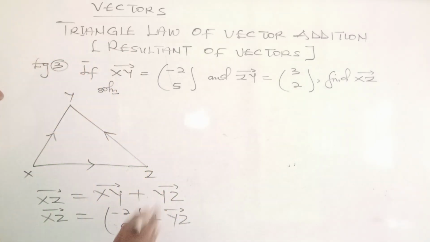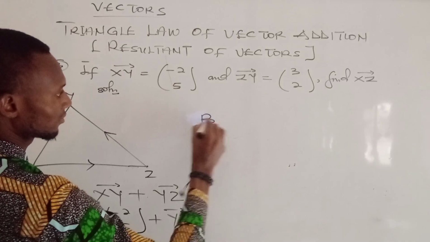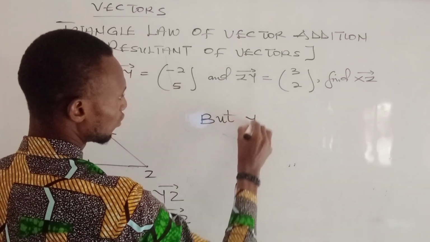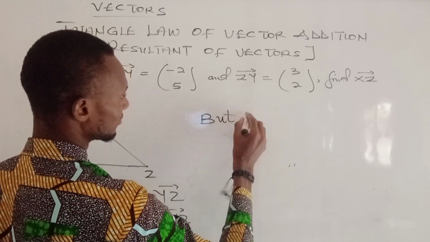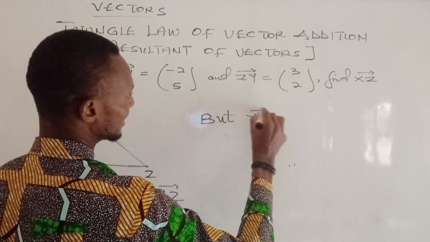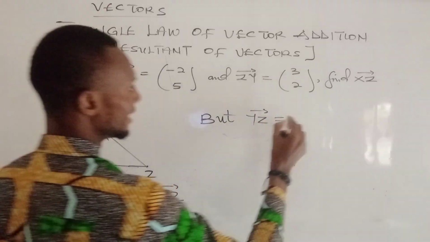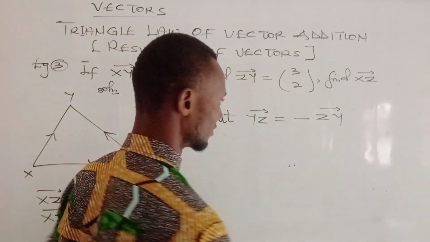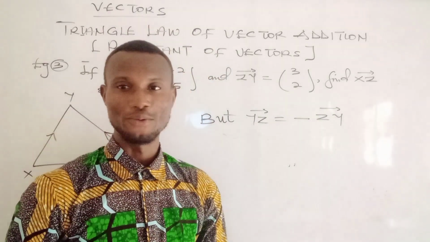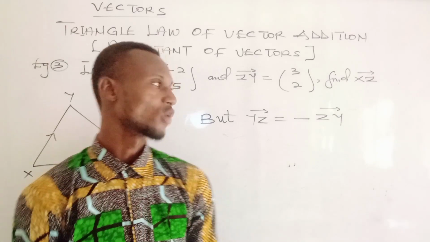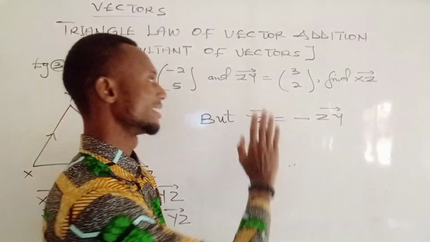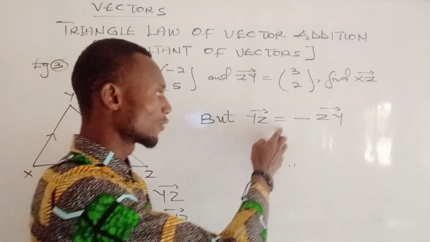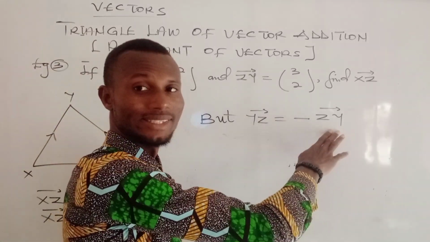Okay, so I'm going to write, my yz that I need, my vector yz will be equal to the negation of the vector zy. I hope you understand and you agree with me up to this point. So when we negate the vector zy, then it will give us the vector yz. So my yz equals the negation of vector zy.